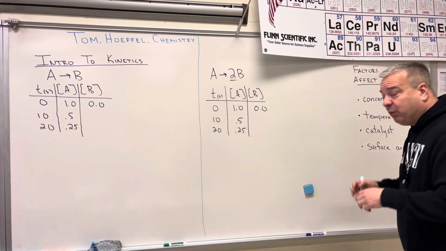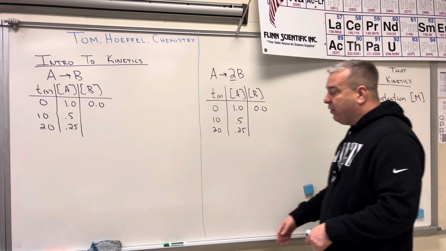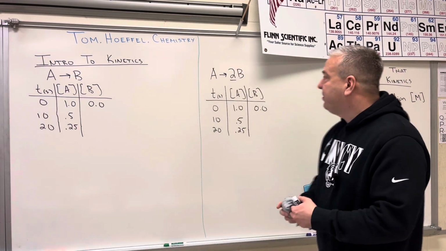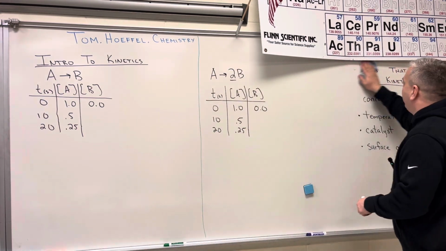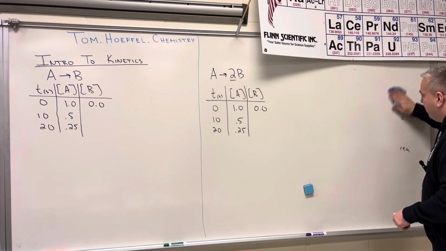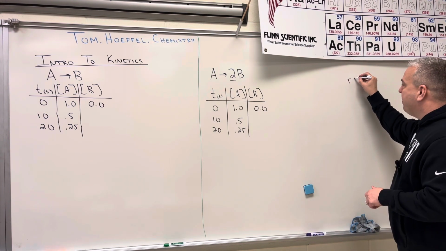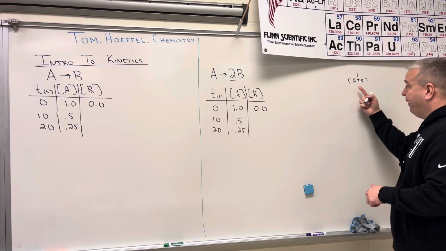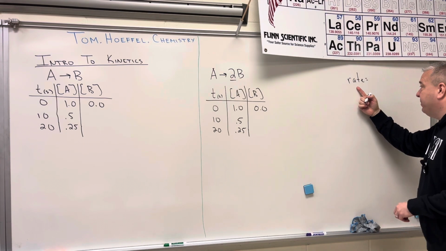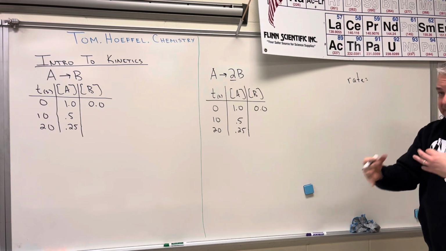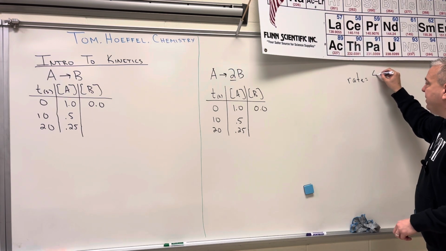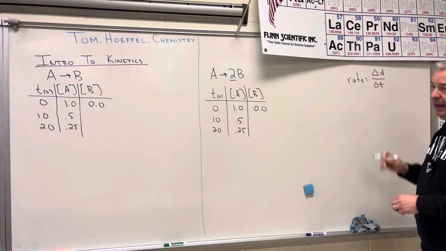Now, when we get into rates, I want to do a little bit of review, maybe from an earlier science class. If we're trying to figure out the rate of how fast a person's moving in the classroom, the calculation that we would use for how fast is always going to be the change in distance over the change in time.